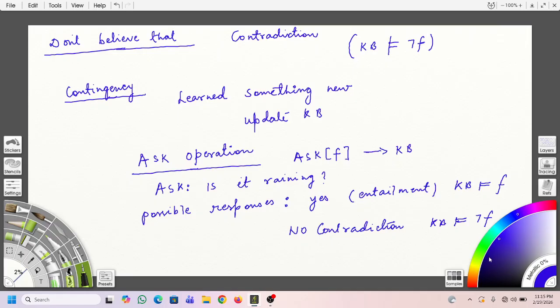Now in the ask operation there is a contingency also. For contingency it will say, I don't know. So yes was entailment, contradiction was no, and I don't know is contingency.